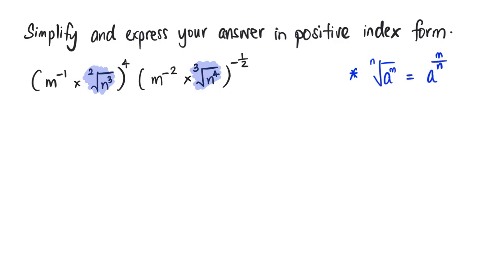This will be the law that I'm going to apply to change this to fractional indices. So you will then see me writing this down. This will become n to the power of 3 over 2, and this will become n to the power of 4 over 3.